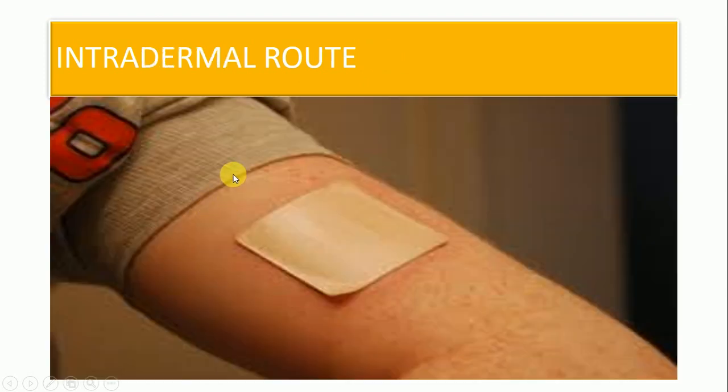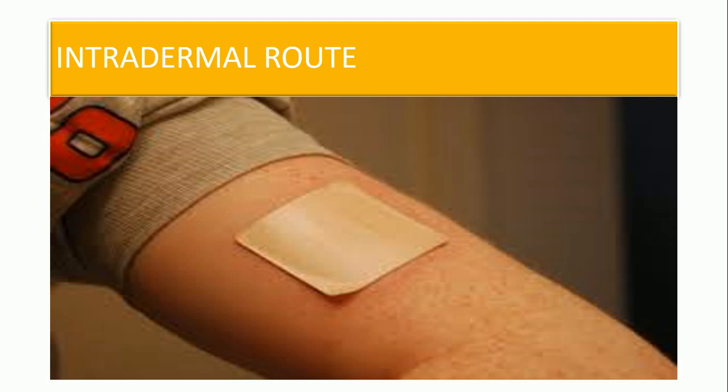And another is the intradermal route. The intradermal route is a most common useful route that is used when we are trying to see if someone was infected with tuberculosis. You administer the purified protein derivative intradermally.